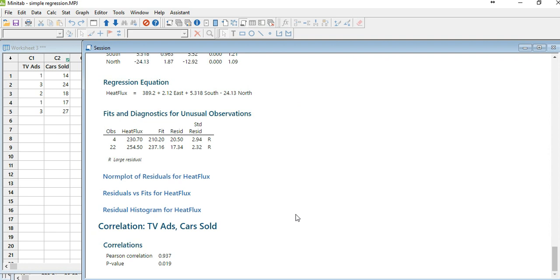So you can see the output here. The Pearson correlation is 0.937, and the p-value here is 0.019. So if your level of significance is 5%, this is significant. So we reject the null hypothesis, which is that the correlation coefficient equals 0.